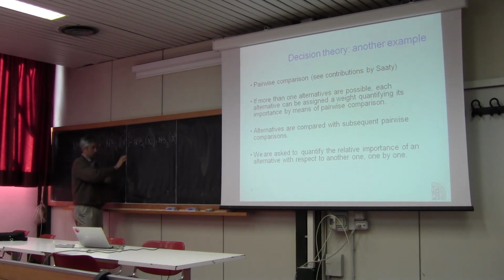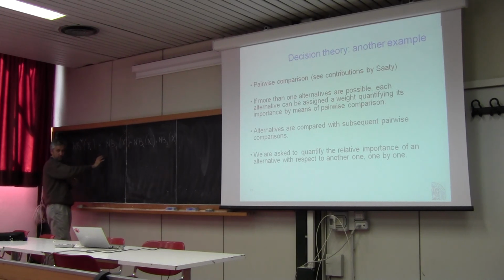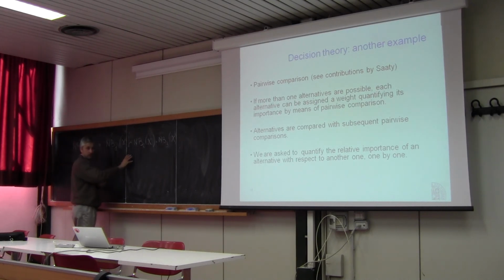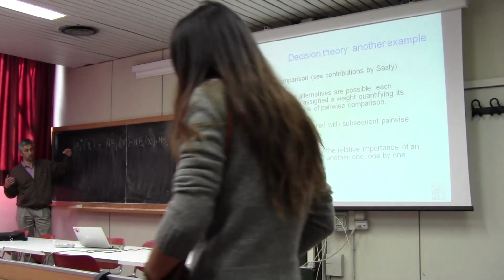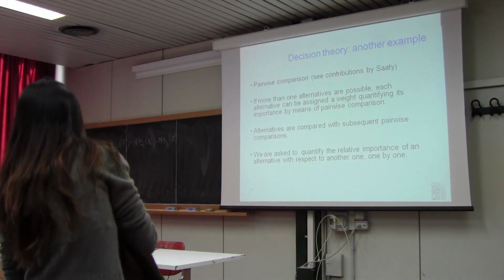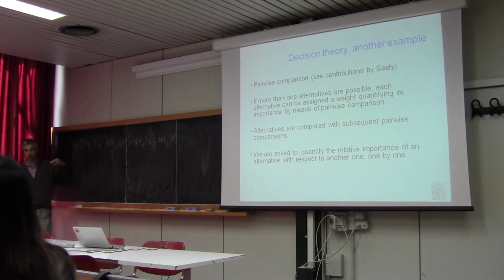Now, if you just sum them in this way, once you have made them comparable, this means that you assign equal importance to each one, NB1, NB2, and NB3. This might be appropriate in some cases, but in other cases it might not be. For instance, if you want to give more weight to the first objective function with respect to the others, you may want to introduce what we call weights.